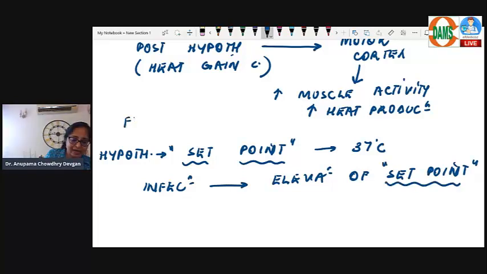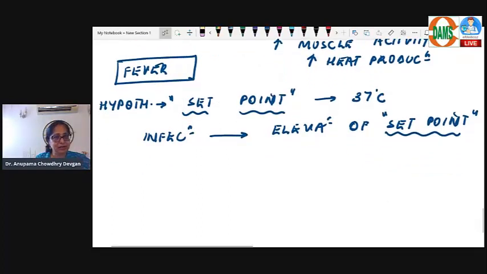I'm trying to tell you what happens in fever. Normally, the set point is 37 degrees Celsius. In infection, because of interleukin-1 and prostaglandins, there is elevation of the set point, which means now instead of 37, it probably is 40 degrees Celsius.